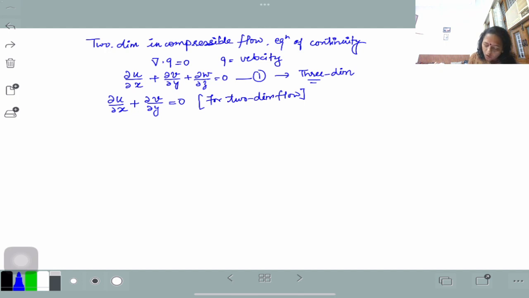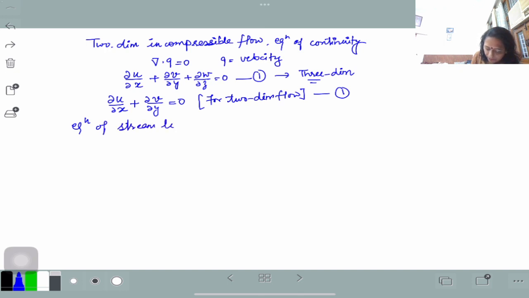Now, if I talk about the equation of streamline for two-dimensional flow, where I do not restrict myself to the rotational flow or the irrotational flow, I am talking about all type of flows.